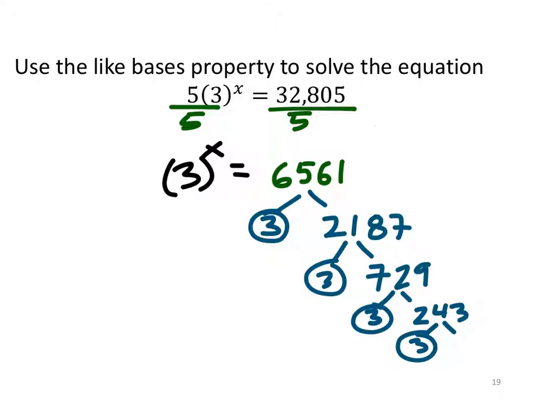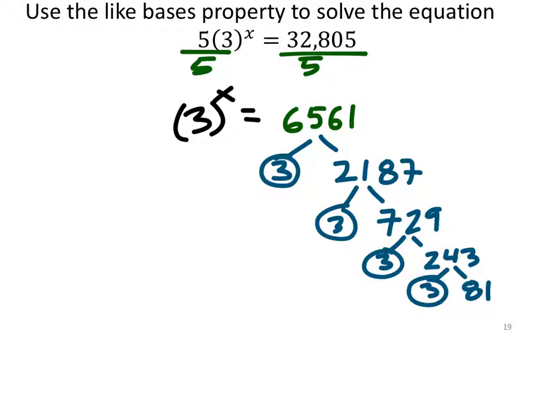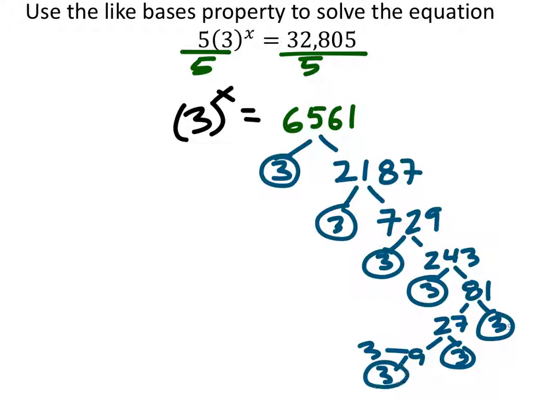Oh man, 81, and run out of space. Okay. So 81 would split up into 3. Oh, and 27. That's better. Which would split up into 3 and 9, which would split up into 3 and 3. So it's a lot of 3s, which is okay.